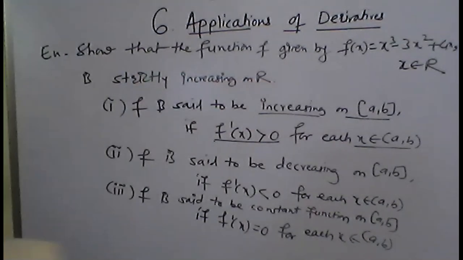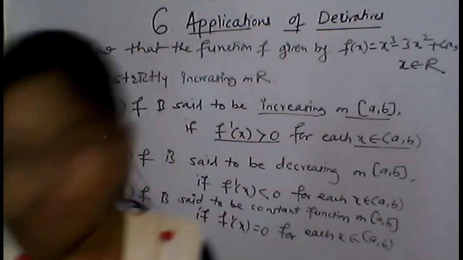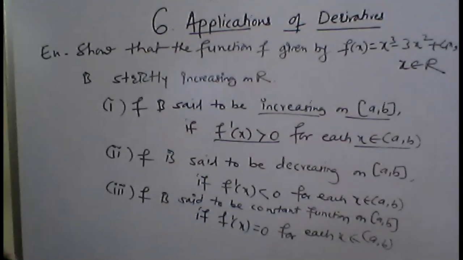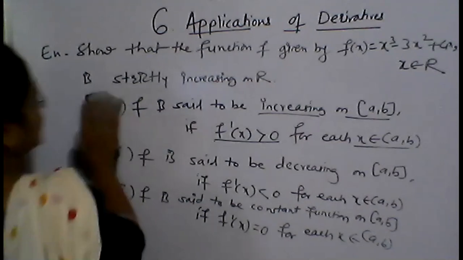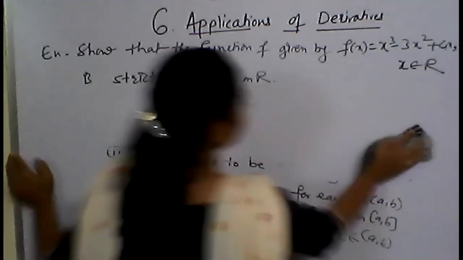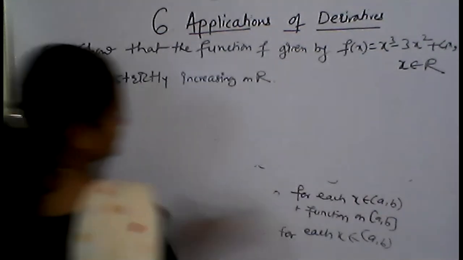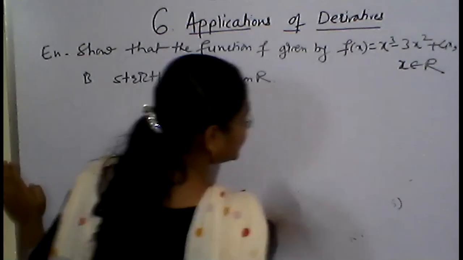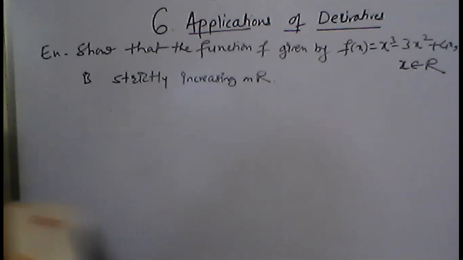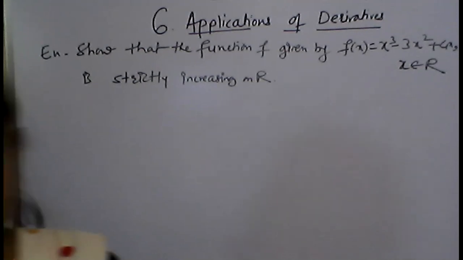Yes, anyone? How we can prove it increasing, boys? Now only we have seen the theorem number 1. How we can prove the function as increasing function? Finding its derivative.